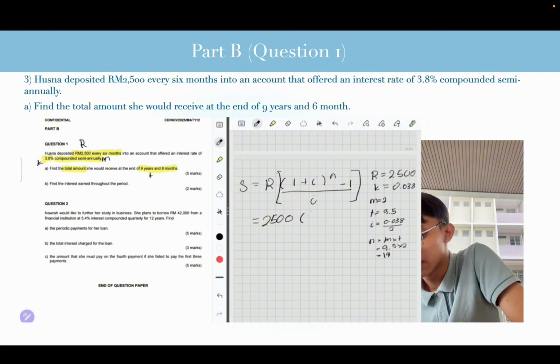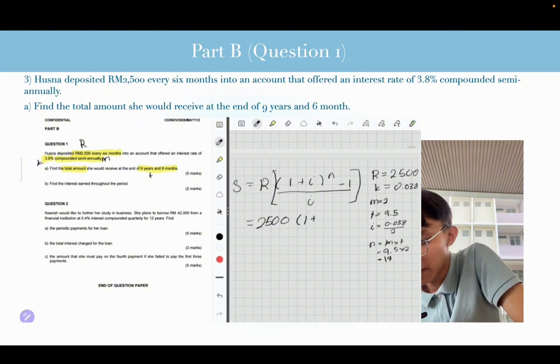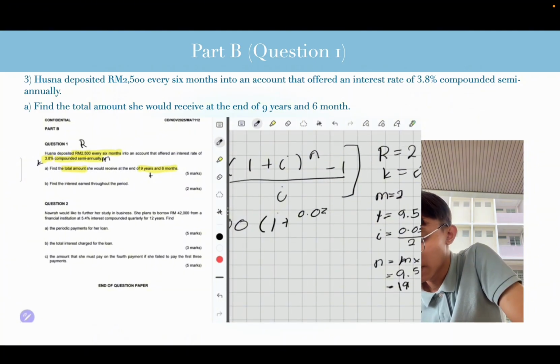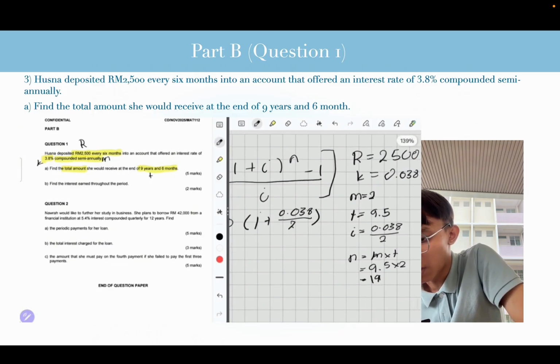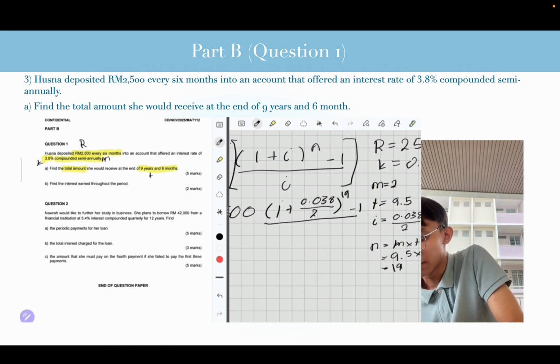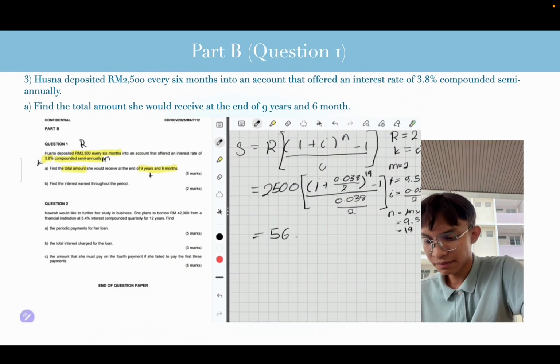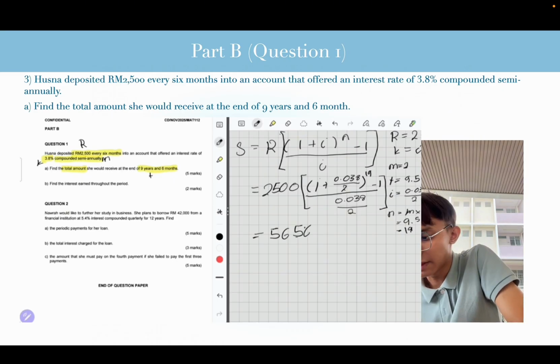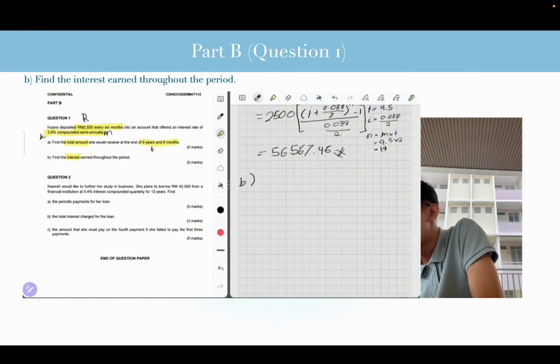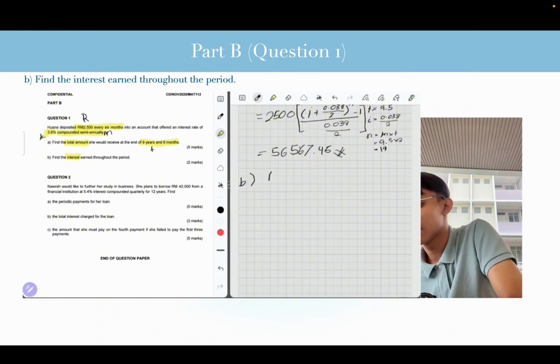So 2,500, 1 plus 0.038 over 2 to the power of 19 minus 1, over 0.038 over 2. Don't forget the big bracket. So the answer will be equal to 56567.45.